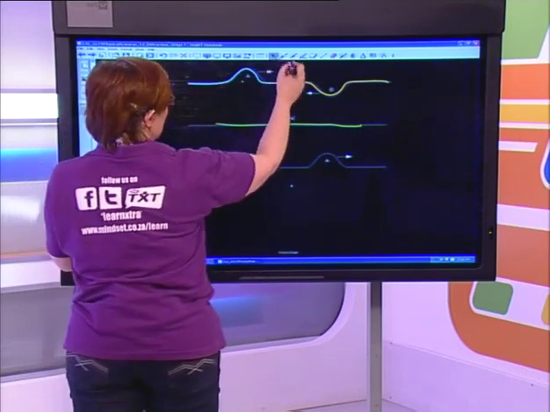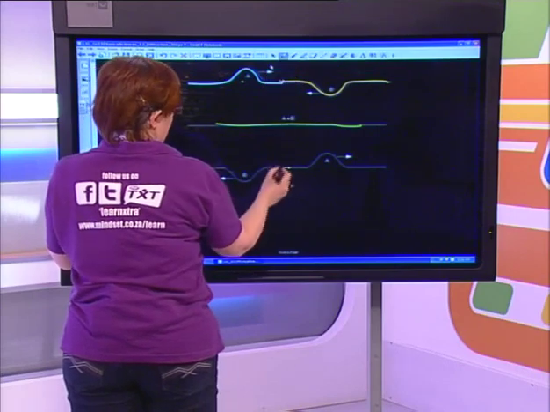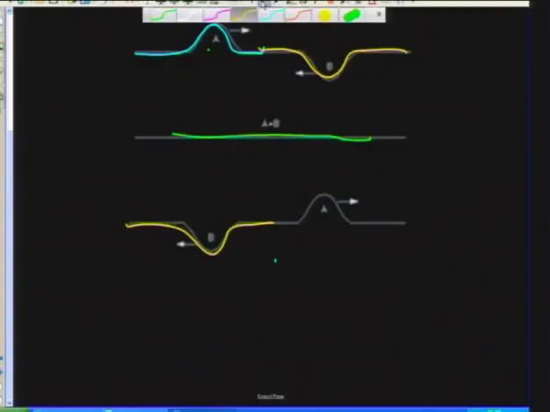Then afterwards, B carries on as if it never met A, and A carries on as if it never met B. So for that brief moment in time, they cancel each other out, and then they move on, as if they'd never met. The waves are quite happy. We don't lose any energy, we don't change frequency, wavelength, nothing.